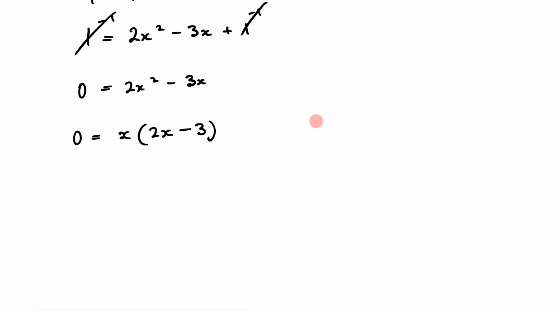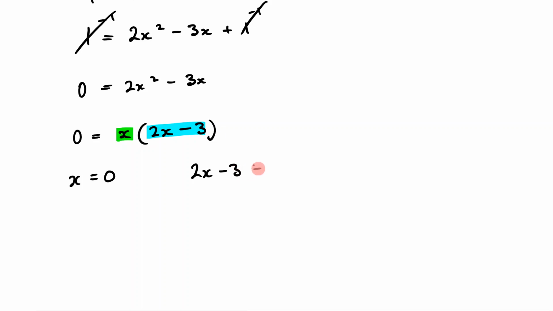And now what you do is you set both of these equal to 0. So what I mean by that is if I just get a highlighter here, you take this and you set that equal to 0. And then you take this and you set that equal to 0. So what I'm going to end up with is x is equal to 0, 2x minus 3 is equal to 0.